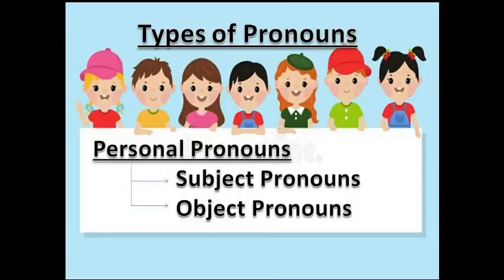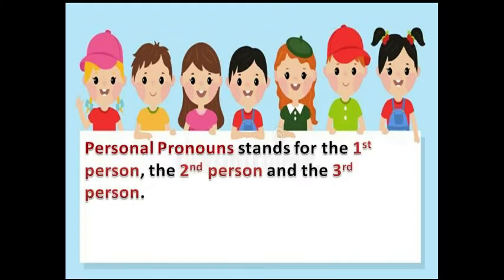Now, there are three types of pronouns. Personal pronouns. Under personal pronouns come the subject pronouns and the object pronouns. Personal pronouns stand for the first person, the second person and the third person. Now, let us see who is the first person.